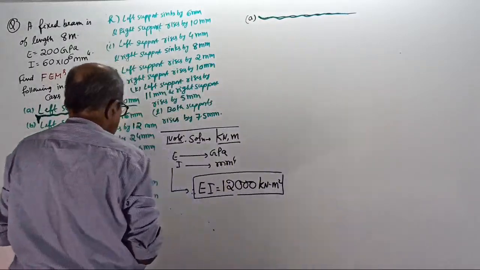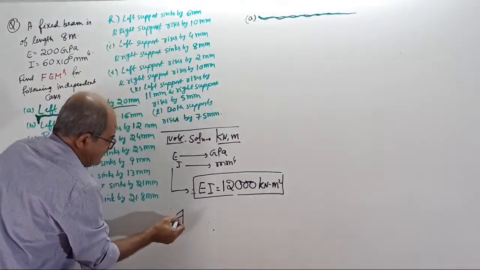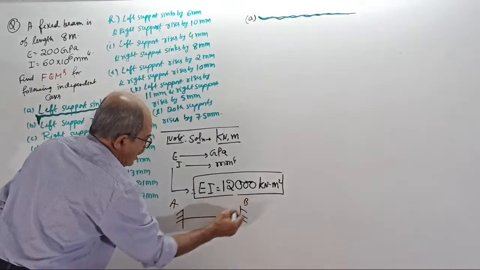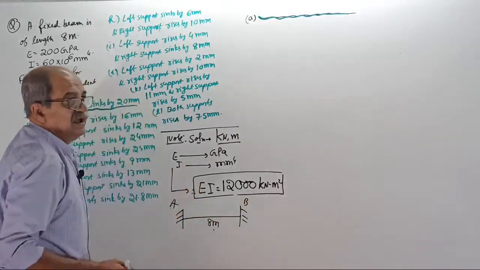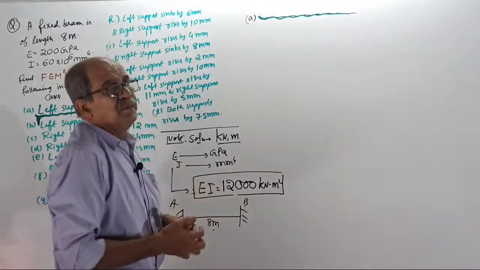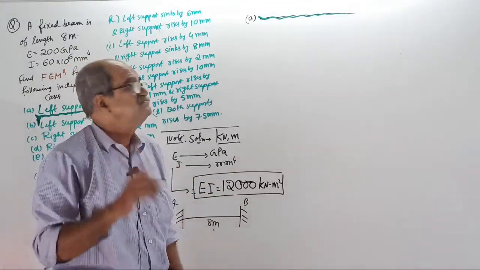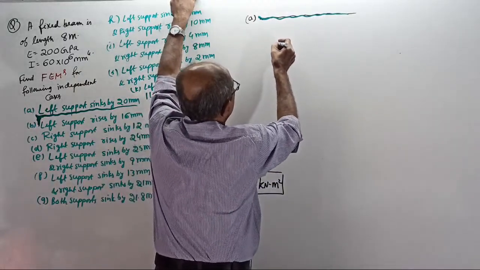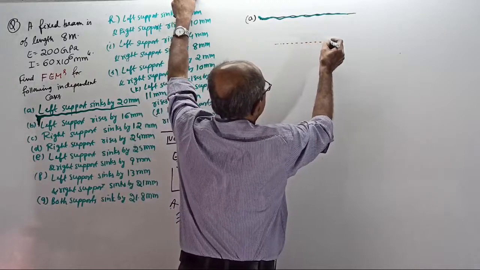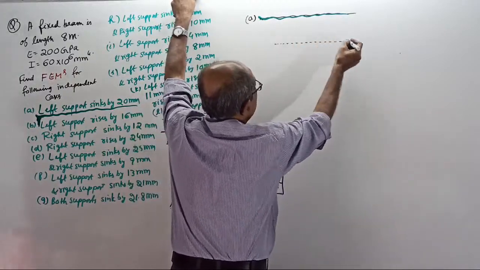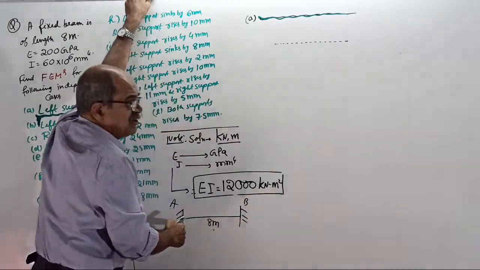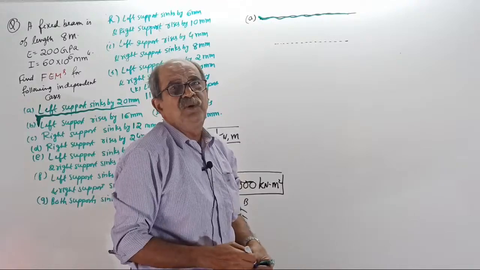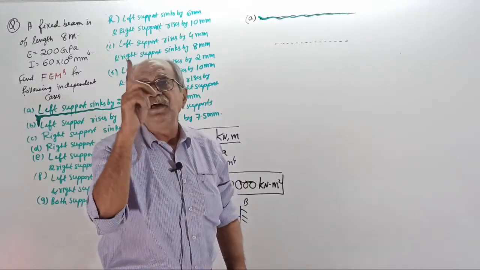See, first of all, your fixed beam is like this. This is the fixed beam AB of length 8 meter. Now, correctly observe how to decide. First, draw a light line. This is the initial position, that is, before support settlement.